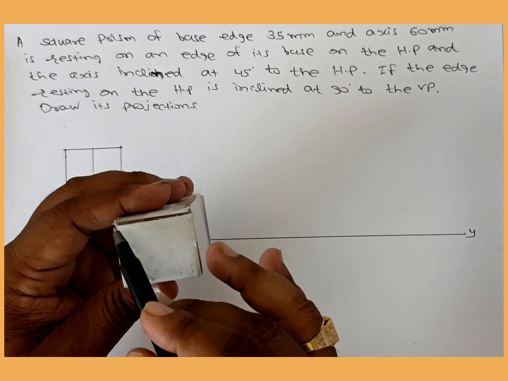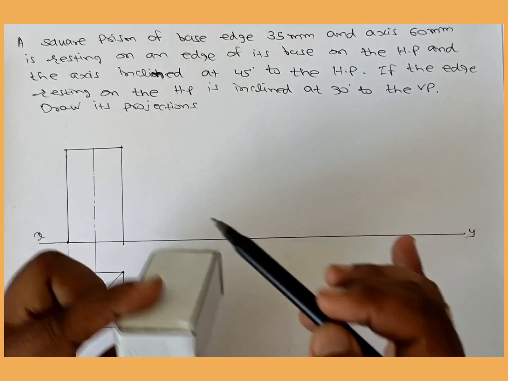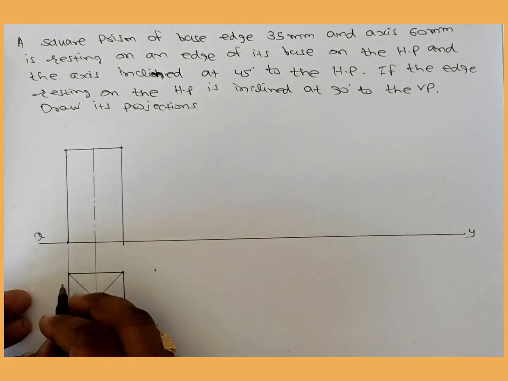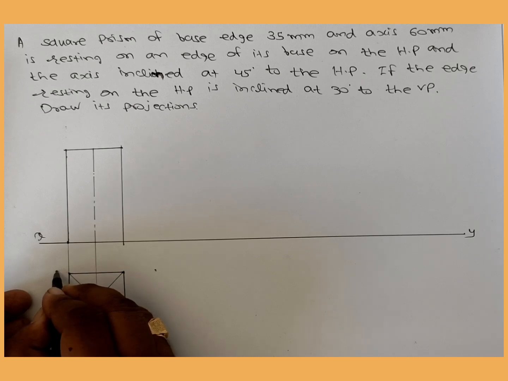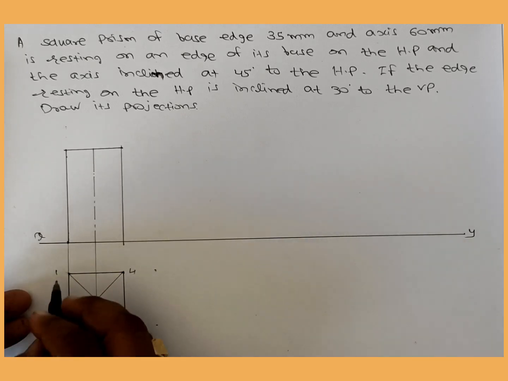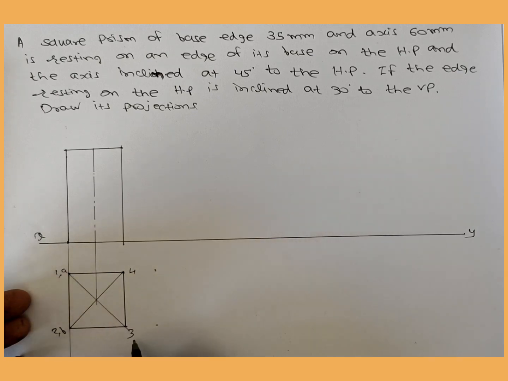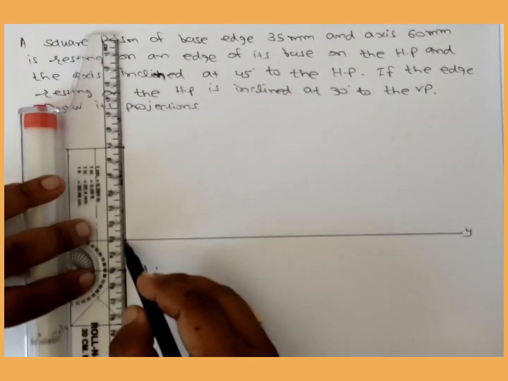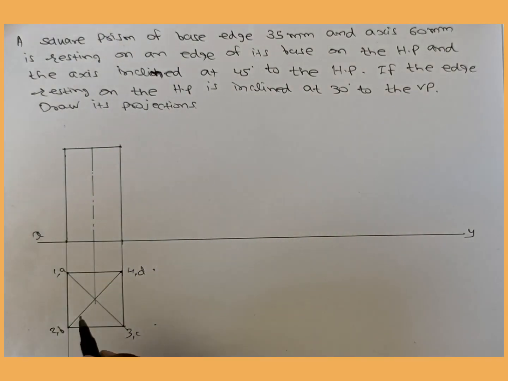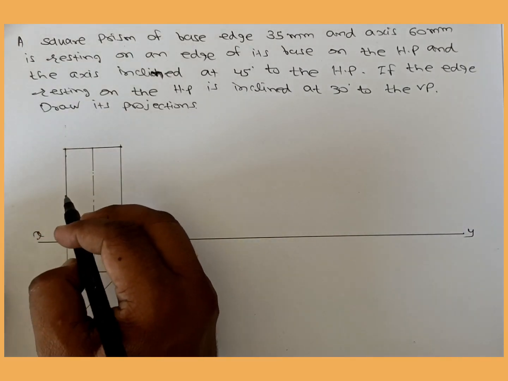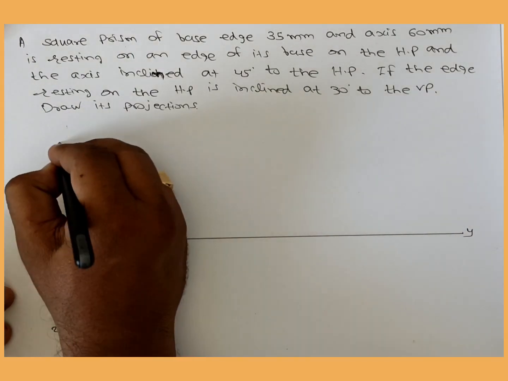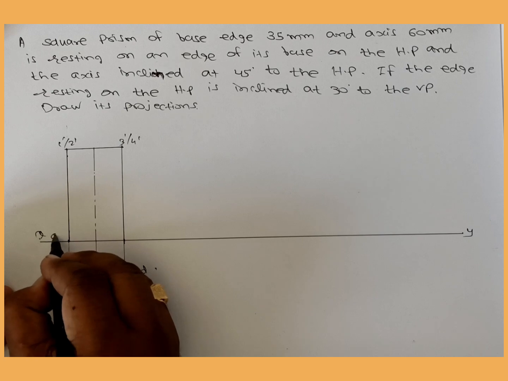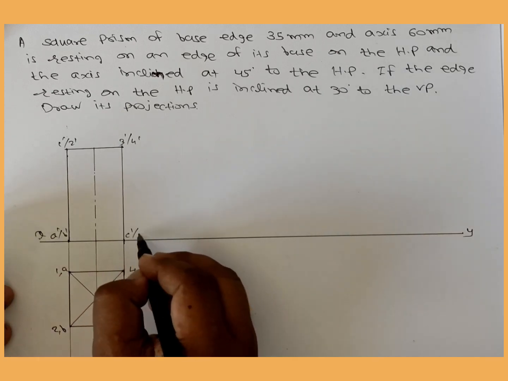We write 1 2 3 4 at the top side, and bottom side A, B, C and D. Now in elevation, the top side is 1 dash, 2 dash, 3 dash, 4 dash, and at the bottom A dash, B dash, C dash, D dash.